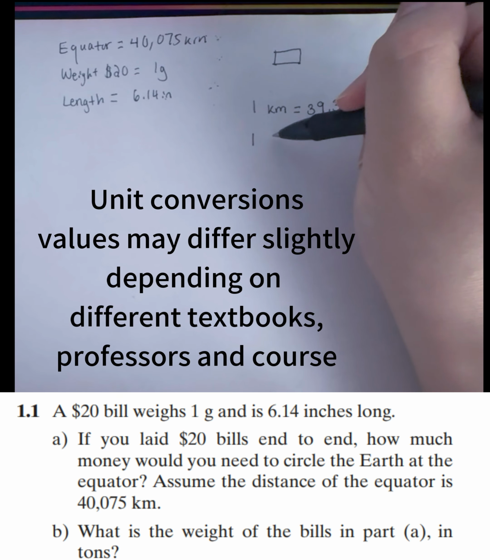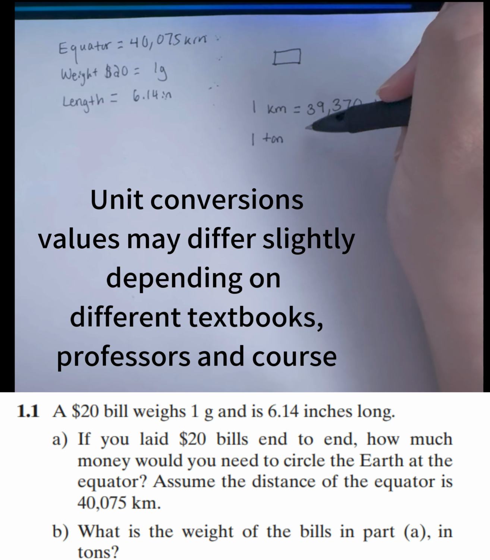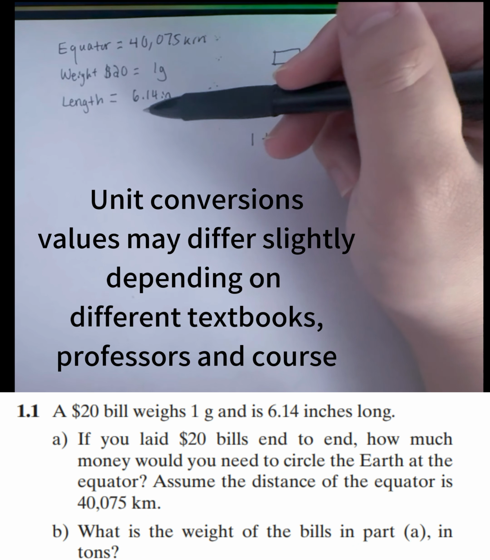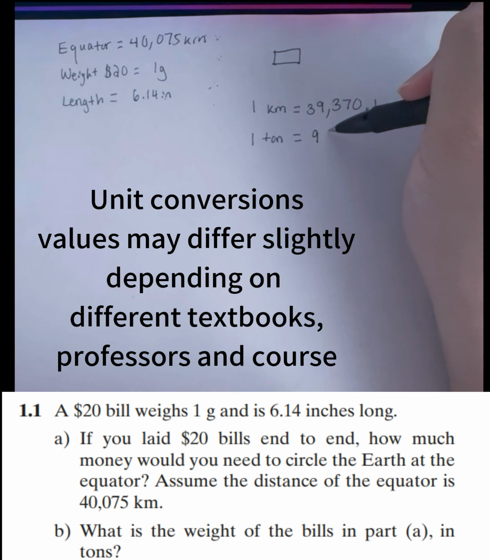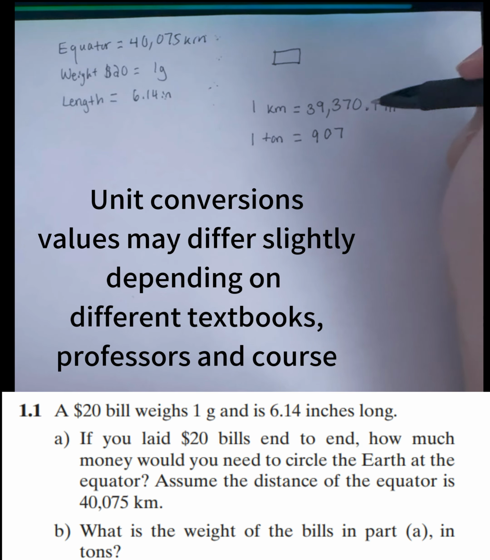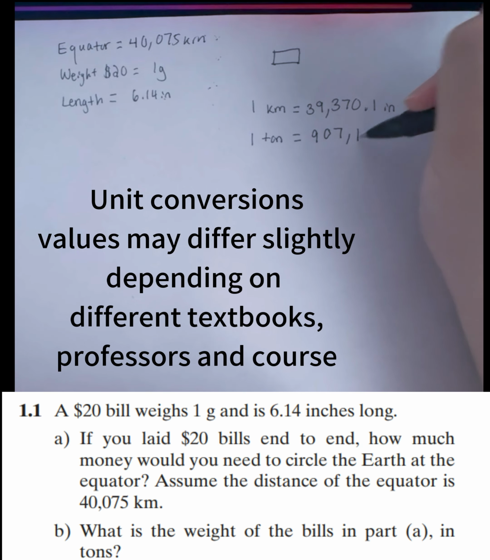And 1 ton, because part 2 of the question asks for the weight of the $20 bills in tons, is equal to 907,185 grams, right?